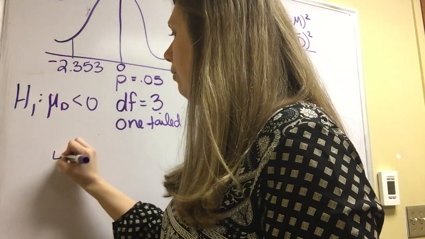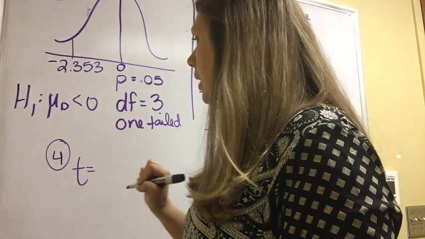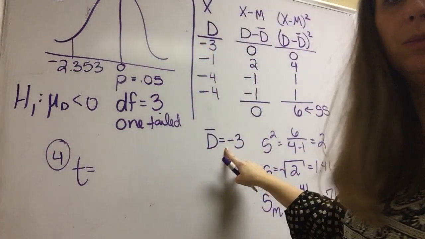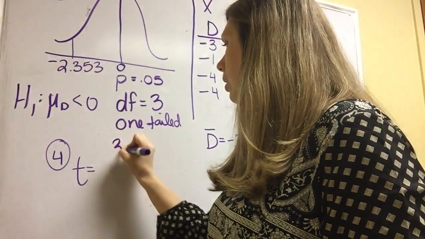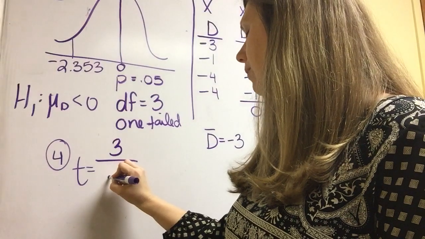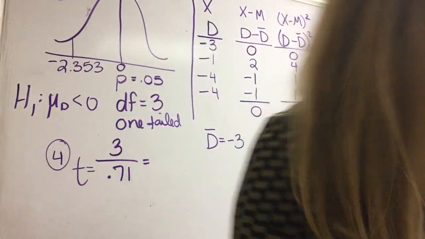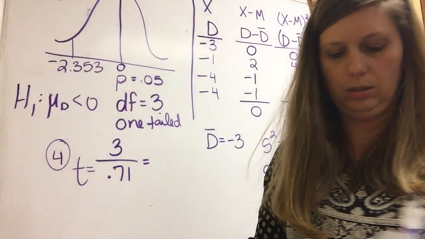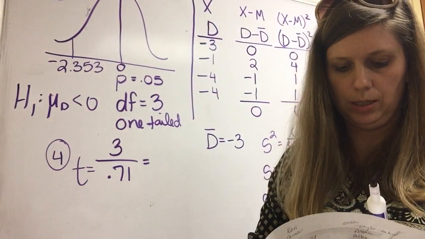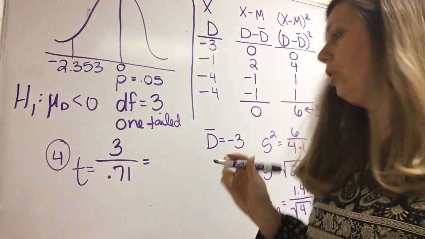So then for step 4, I'm calculating my t-value, which is the mean of my d-scores, which we found before was a 3, divided by the standard error, which was 0.71. Let's see. 3 divided by 0.71. And I got 4.23.